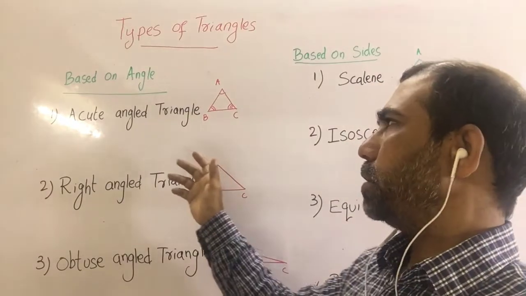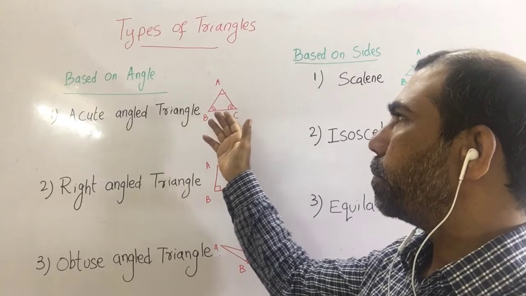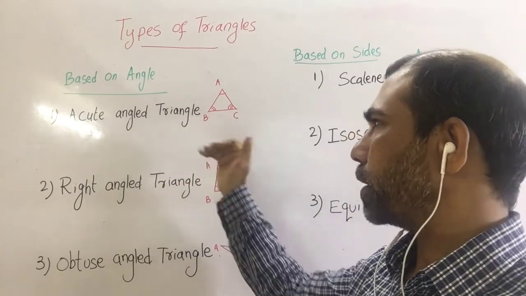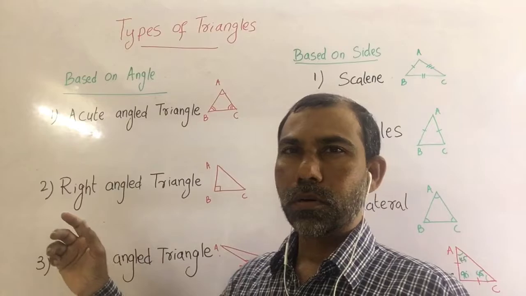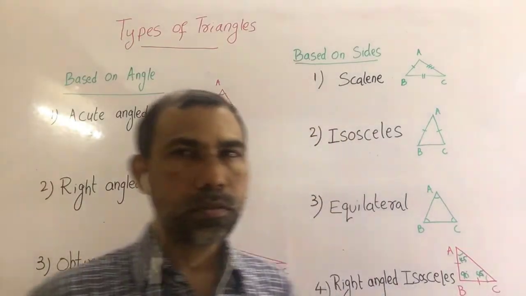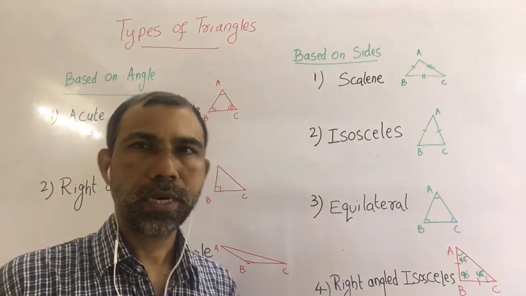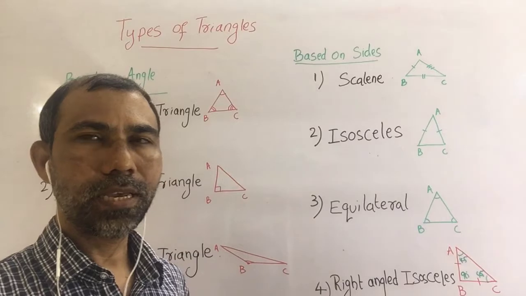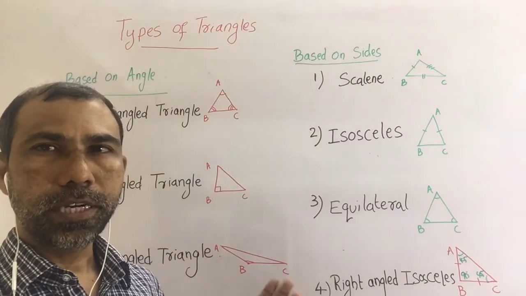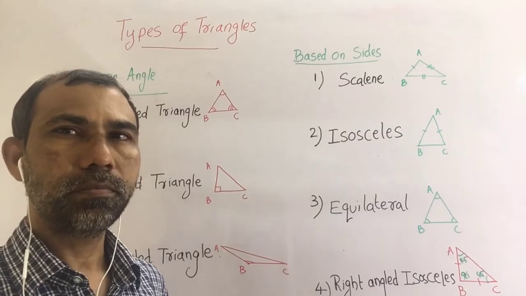Let us understand the meaning of an acute angle triangle. As we know the meanings of acute angle, obtuse angle and right angle, we can easily understand the types of triangles based on the measure of angle.